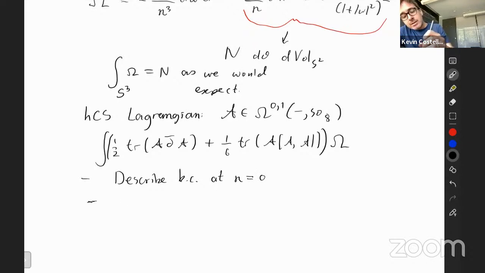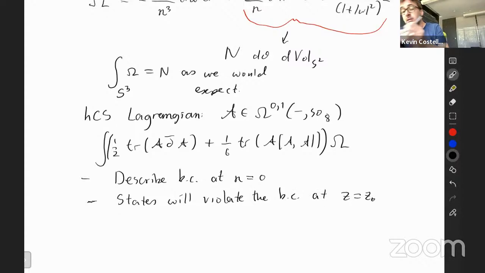And then states will violate the boundary condition at some value of Z. The natural boundary condition, if you spend a little time thinking about it, is a little subtle, but we notice that omega has a pole of order 3.